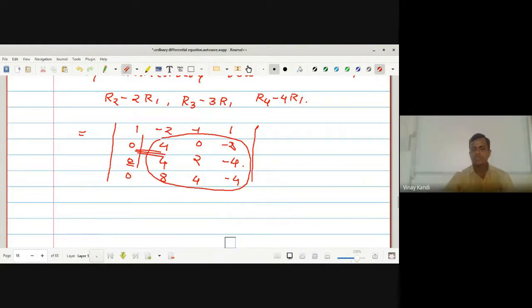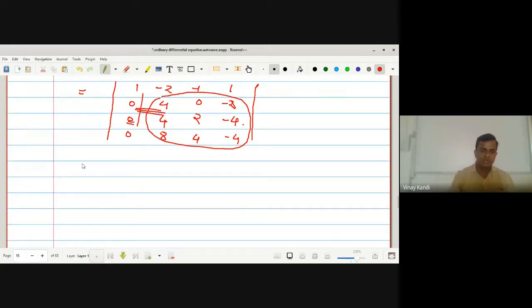So here we get only this sub-determinant, which is equal to 4 0 -2, 4 2 -4, 8 4. Now solve this determinant. Now tell me the value of this one. 32.